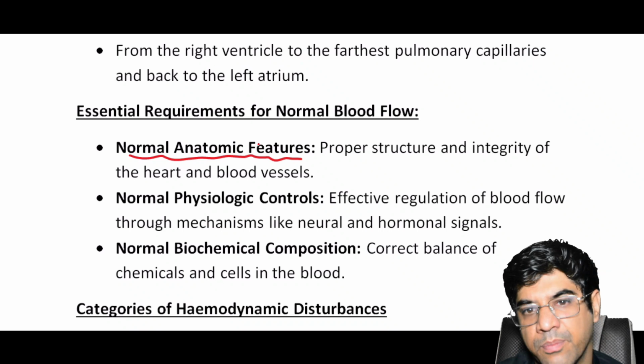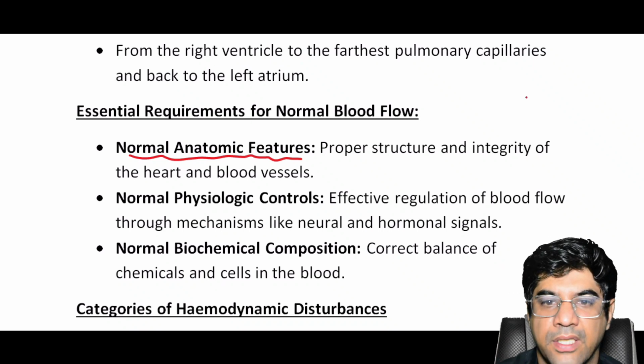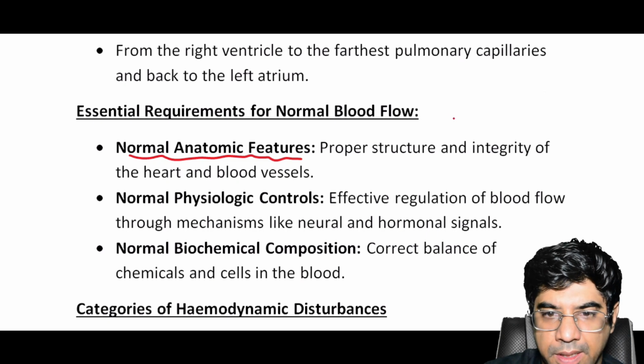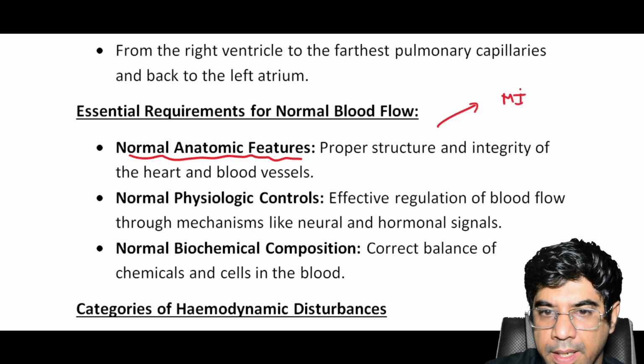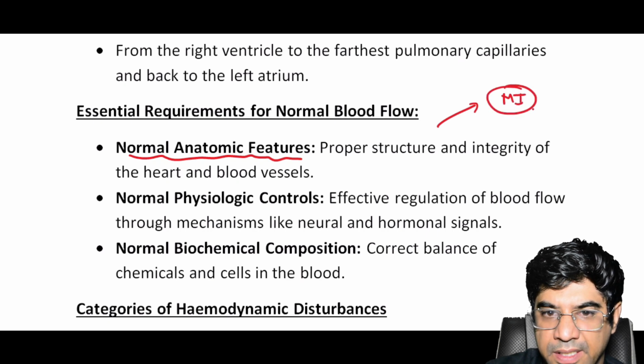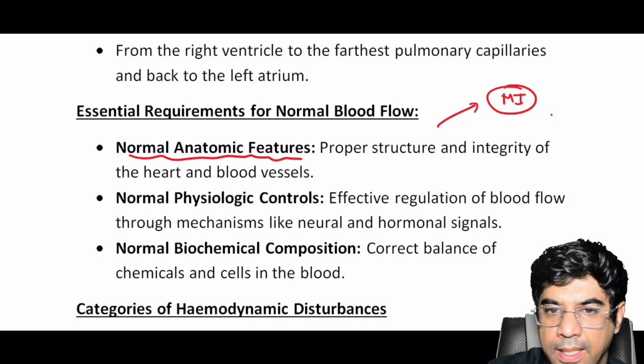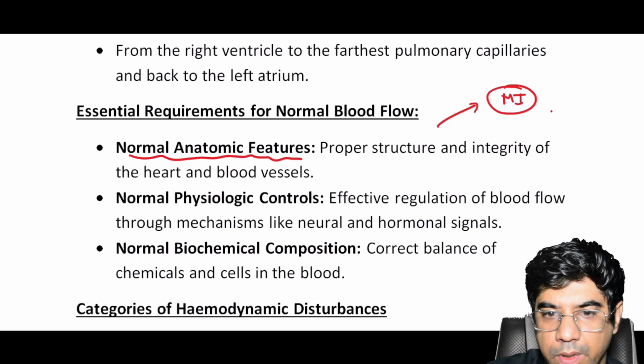First of all, the heart must be free of structural defects like congenital malformation, valve dysfunction, or damage from conditions like myocardial infarction. So it needs to pump efficiently to maintain adequate cardiac output.